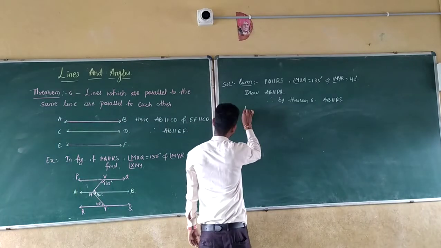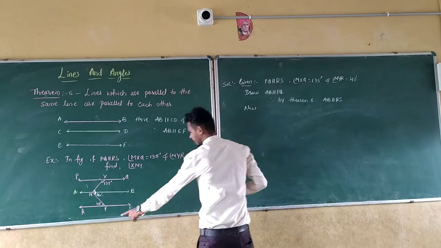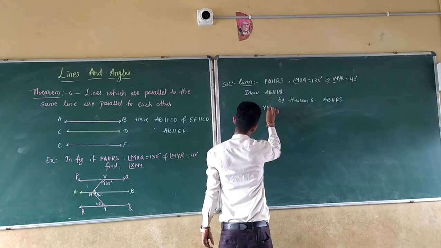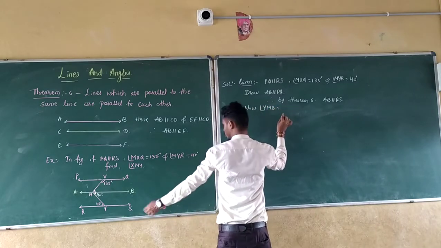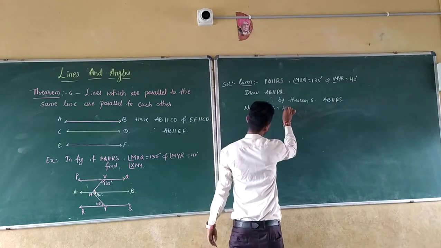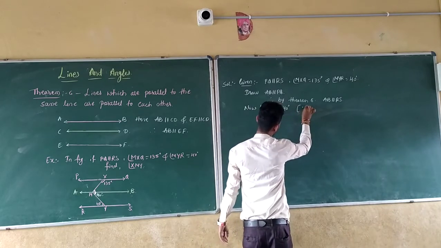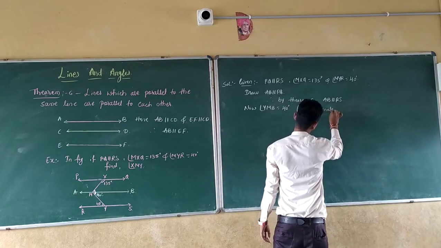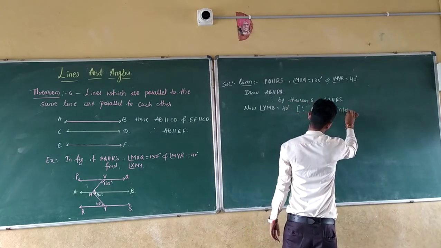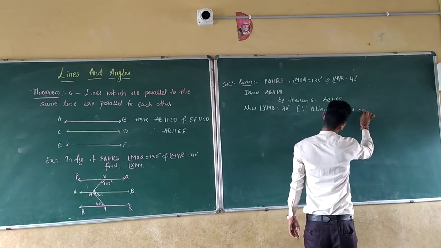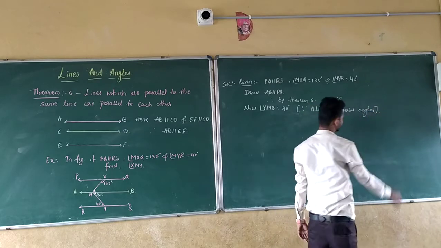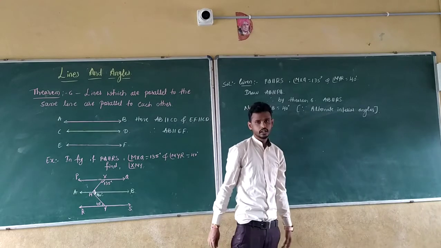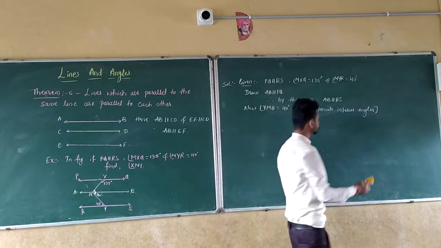Let us write now: angle YMB is equal to how much? 40 degrees, because alternate interior angles are equal. You can write that.